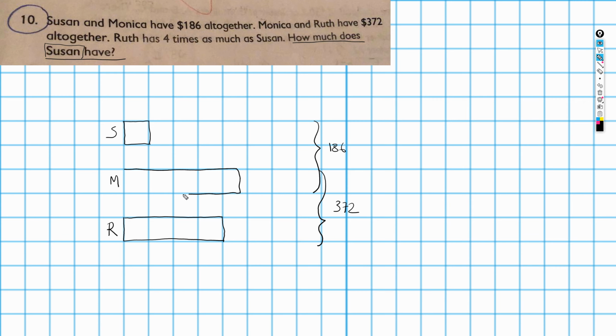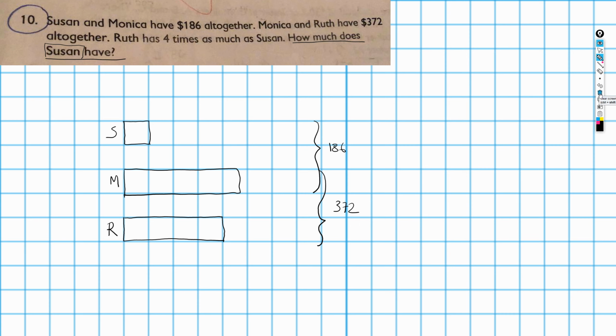And then I decided that this really wasn't helping me very much. So what I decided to do was scrap this, because I said I was attracted to doing this because we had this 4-to-1. So let's start again. I'm doing this just to show you that you can start off with an idea of how to model it and then think, no, that's not really helping me, and change it.